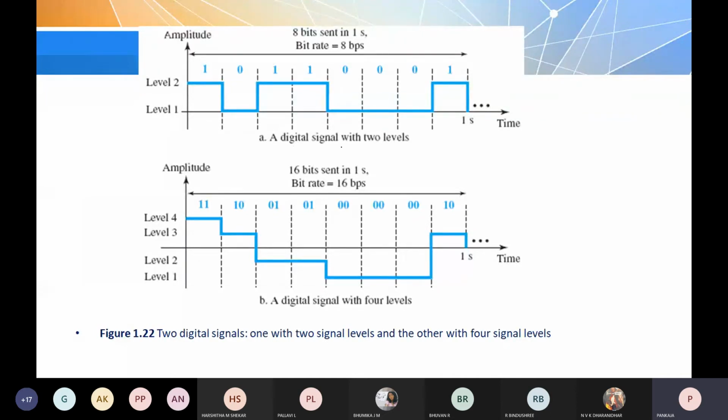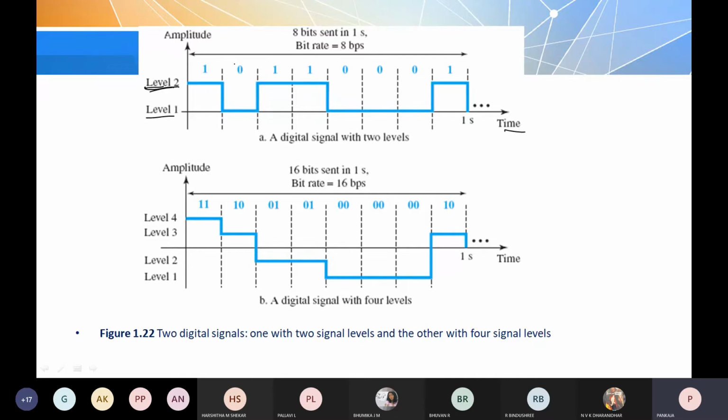This is digital data with two levels, level 1 and level 2. This is the 0 voltage level and this is the positive voltage level. Depending on the data, you take the time axis, that is the x axis, and the y axis represents amplitude. Level 2 I am representing as 1 and level 1 I am representing as 0 voltage.